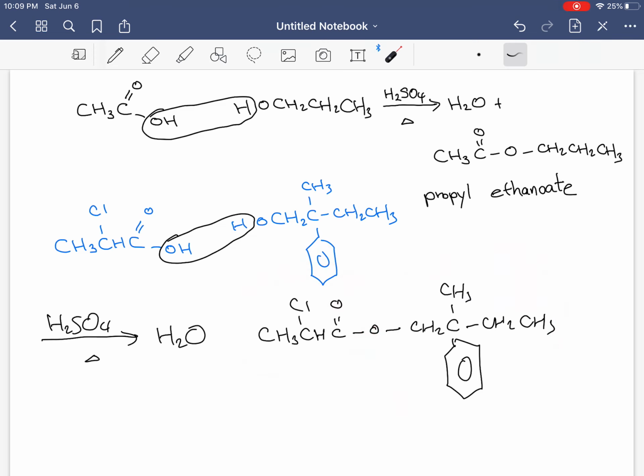Alright, so let's take a look at how we're going to name this. Because there's side groups involved, what are you going to do? Numbering. Numbering is a pain in the butt. Why? Because there's two sets of numbering here. And the guide is this oxygen. This oxygen will be called the midpoint of your ester molecule. As the midpoint, also known as the starting point, this is where the numbering will start, which means the carbon that is connected to the O is always carbon 1.